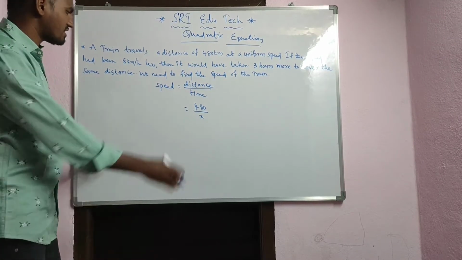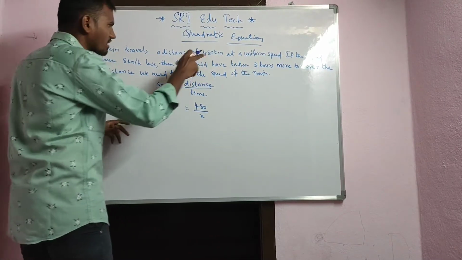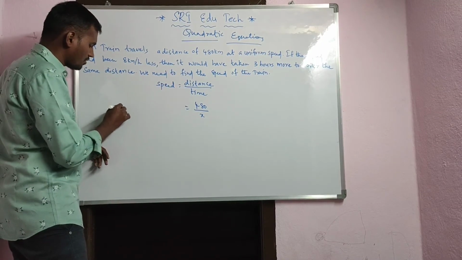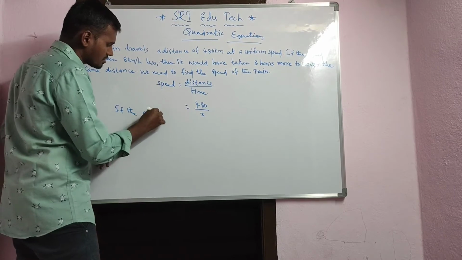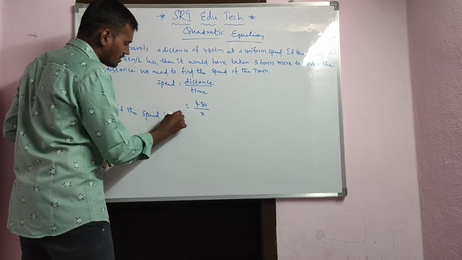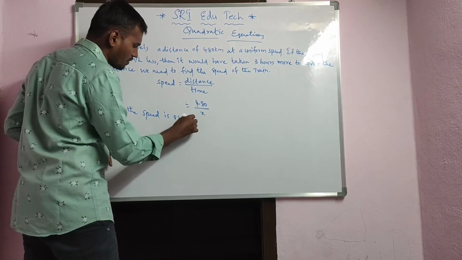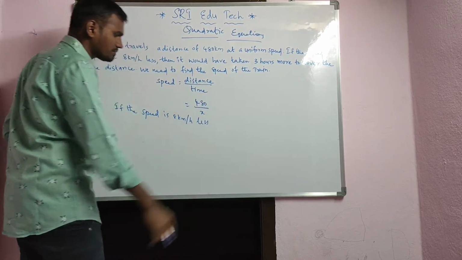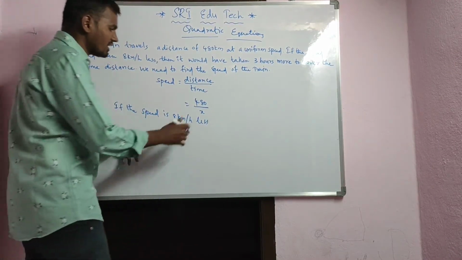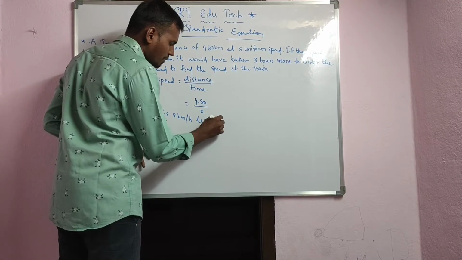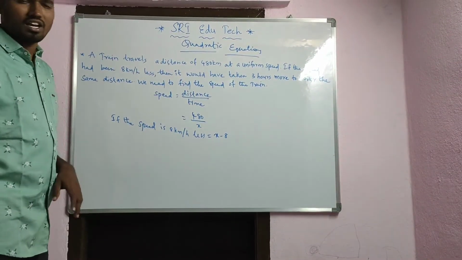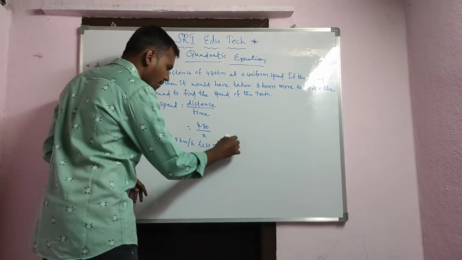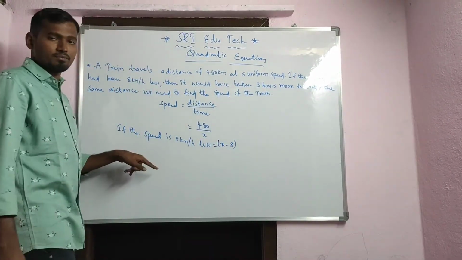See the next statement: if the speed is 8 km per hour less, then time is x minus 8. This is the second time.